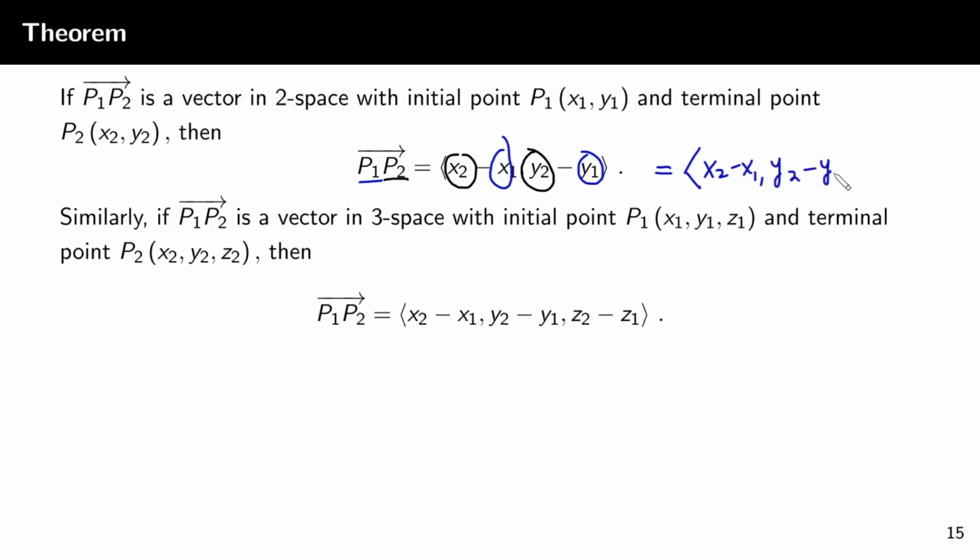y2 minus y1. So analogously in 3-space, or in R3, if I have the initial point as x1, y1, z1, and the terminal point as x2, y2, z2, then the components of the vector from P1 to P2 will be x sub 2 minus x sub 1, y sub 2 minus y sub 1, z sub 2 minus z sub 1.